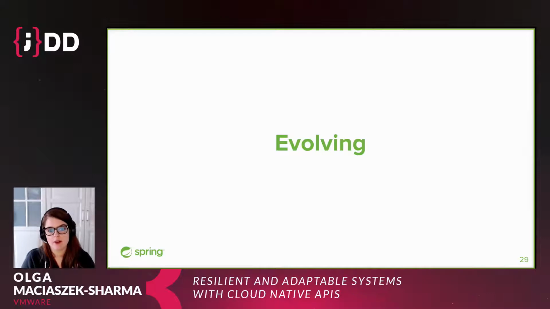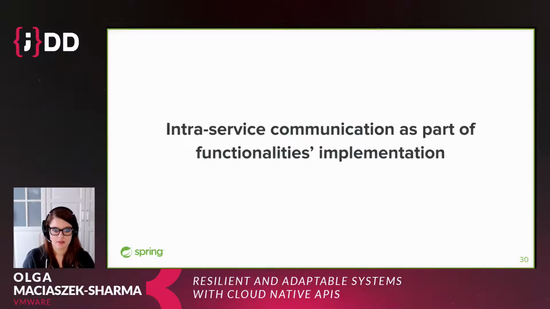Another thing to keep in mind about cloud-native APIs these days is that they're very often evolving. It is now something that we can see as a usual approach in microservice-based ecosystems. And in fact, it makes a lot of sense because now intra-service communication has become part of the functionality implementation.